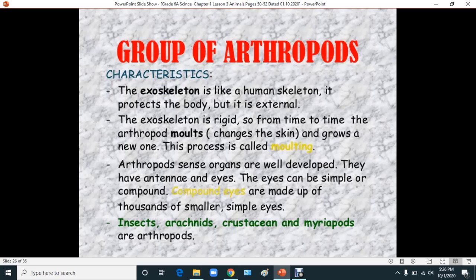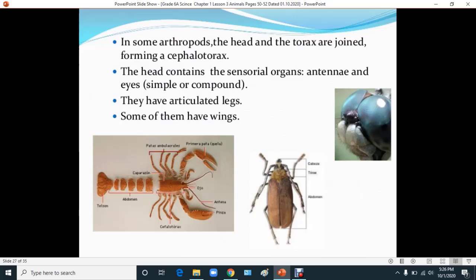So they have some characteristic features. The examples of these animals are insects, arachnids, and crustaceans. Some arthropods have the head and the thorax joined, forming a cephalothorax.